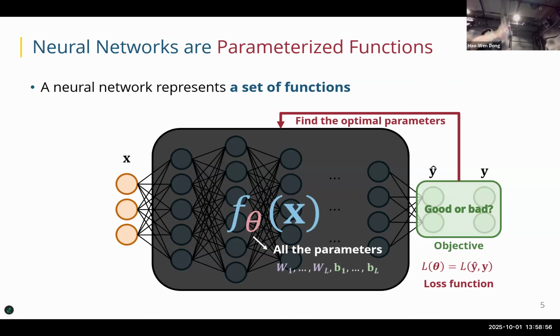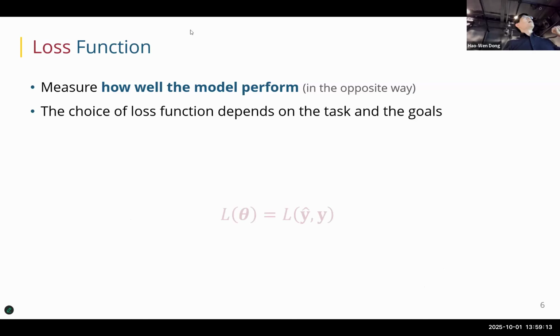You are trying to adjust the parameters so that you find the best function. Each single combination of weights and biases leads to a specific loss, where you measure how good or bad this function is doing on this mapping. So you are optimizing over the different weights and biases, and you want to find the best of that.